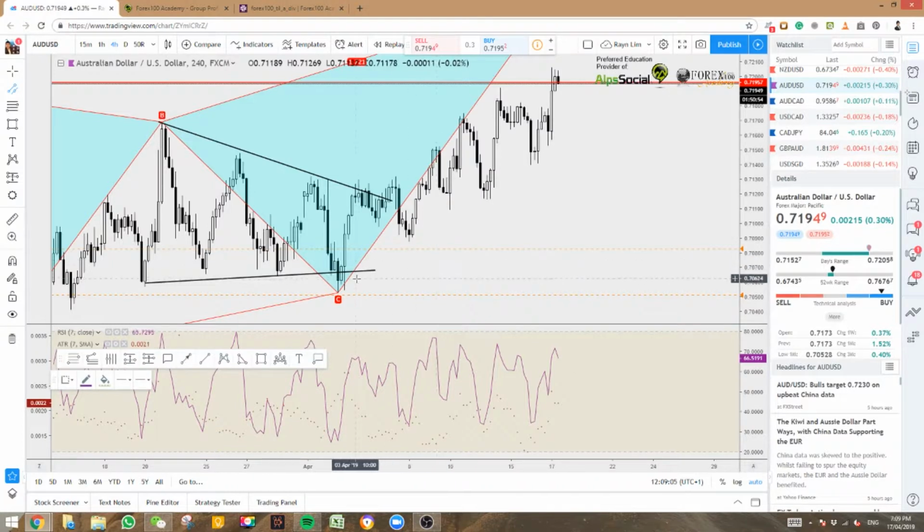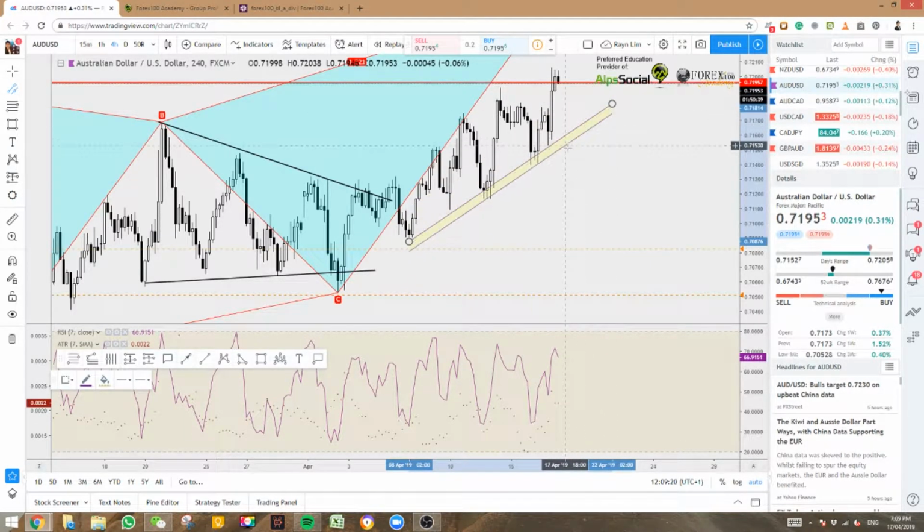Okay, so this was the channel I was referring to, uptrend movement. My rule is I love to touch as many points as possible and potentially not more than 45 degrees in the incline of the movement.